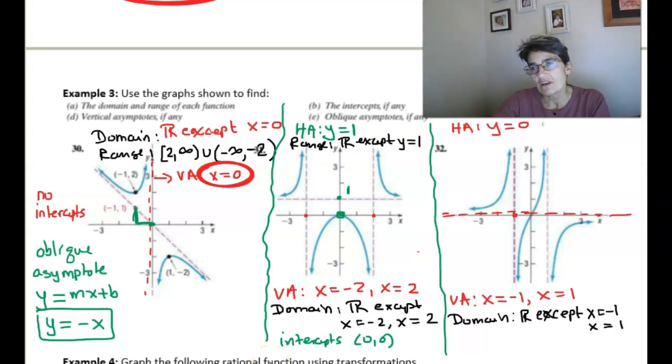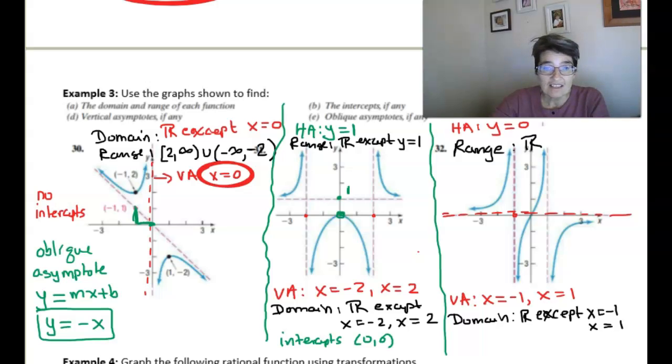And we can see that the range is all real numbers. So the horizontal asymptotes can be crossed by the function. Vertical asymptotes cannot because the function doesn't exist there. Horizontal asymptotes just tell you the long-term behavior. So in the middle, or even out of the middle, you can cross it. So range is all real numbers, -infinity to infinity.